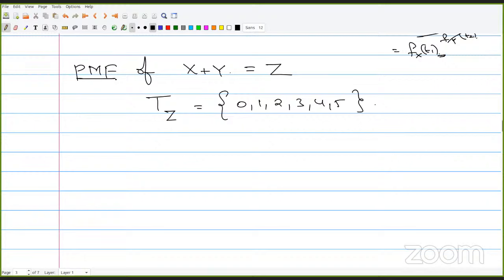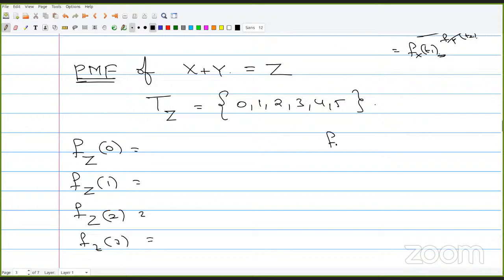As I said, for the PMF of x plus y, I need to find fz of 0, fz of 1, fz of 2, fz of 3, fz of 4, and fz of 5. Correct? This is the PMF.